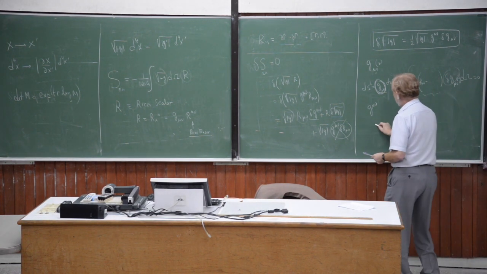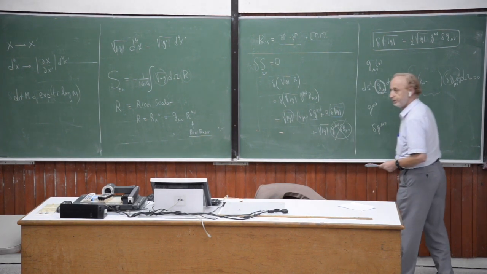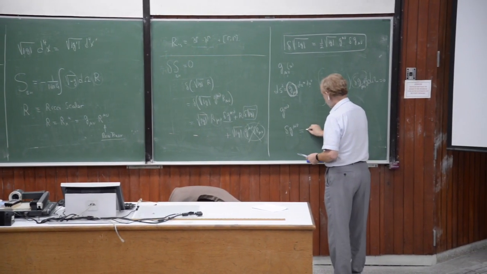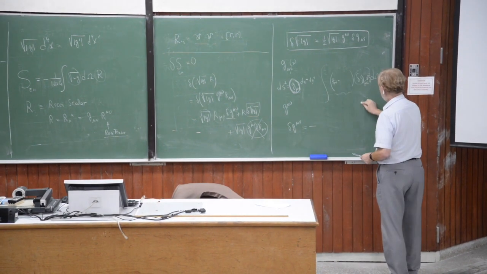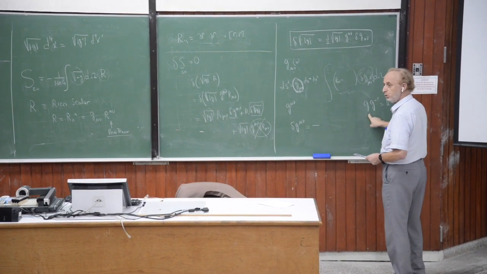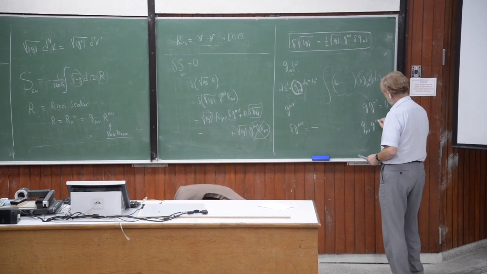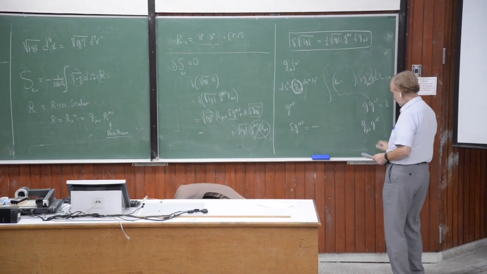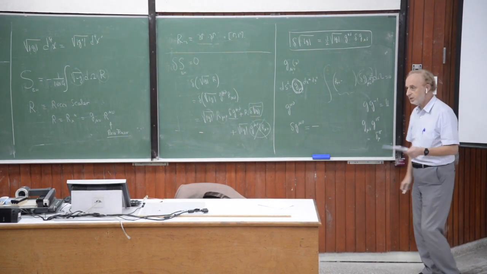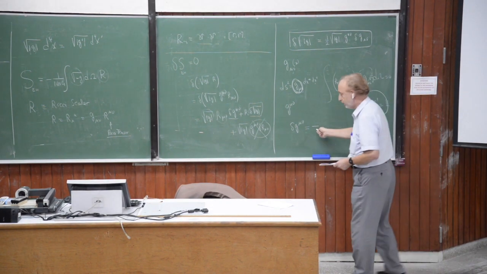Okay, so how do we write delta G mu nu upstairs? Well, we write it like this. This is minus. Now, how do we derive this? It's easy. G times G inverse is 1. Where G is G mu nu and G inverse is G nu sigma. So this is G mu nu G nu sigma, which is delta mu sigma, where delta mu sigma is the canonical delta symbol in four dimensions. So if you derive this identity, then you get this minus sign.